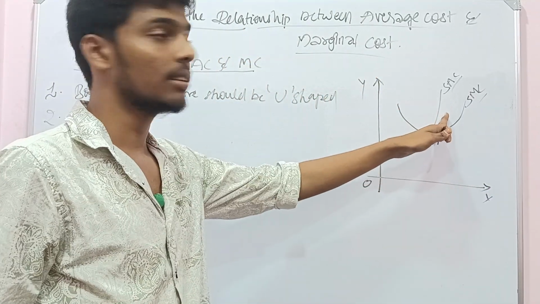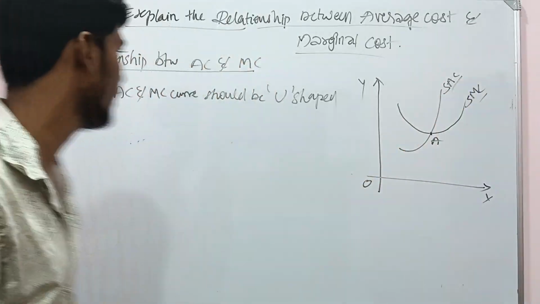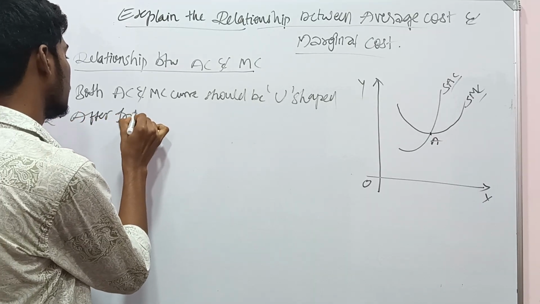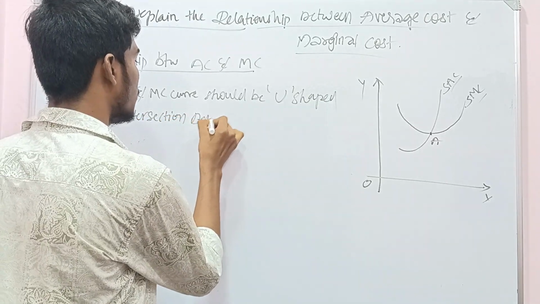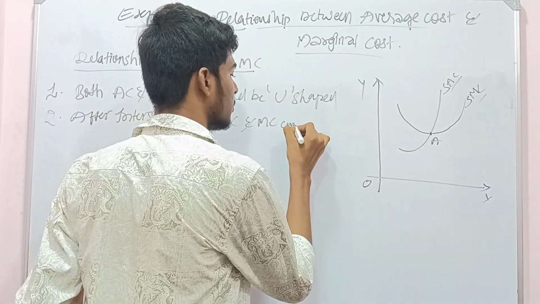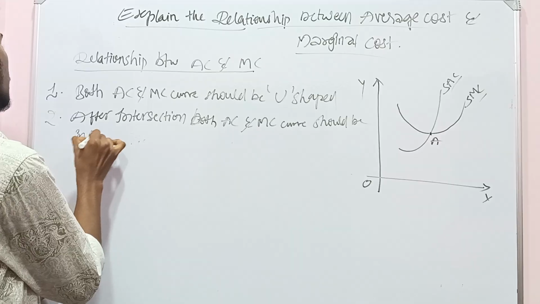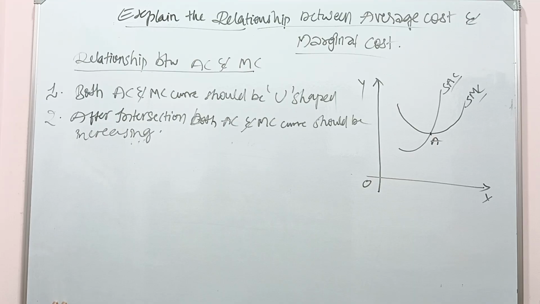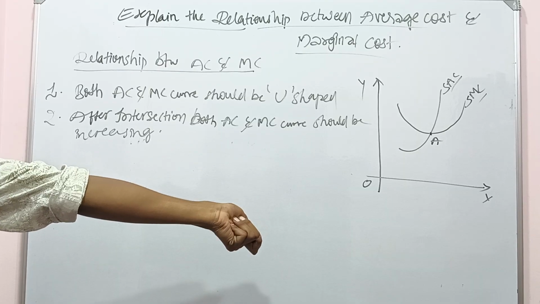After the intersection, both average cost and marginal cost curves should be increasing as output increases.